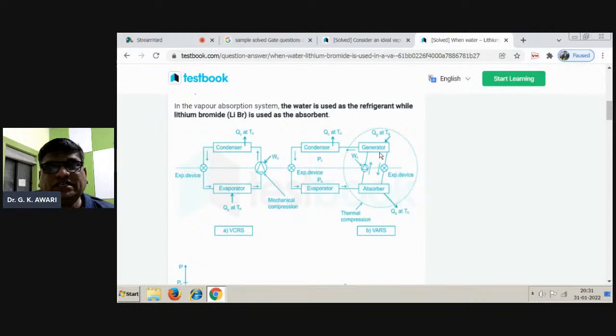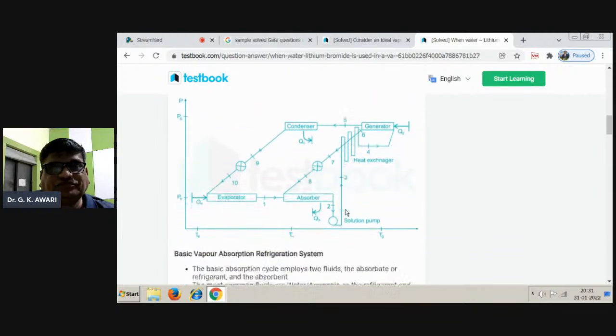Here you can see the condenser, expansion device, evaporator, and here the generator and absorber. This is the difference between the simple vapor compression cycle and the vapor absorption refrigeration system. In the compression cycle: evaporator, compressor, condenser, expansion. But in this case: evaporator, absorber, generator, expansion device, then condenser, expansion device, and again to the evaporator.